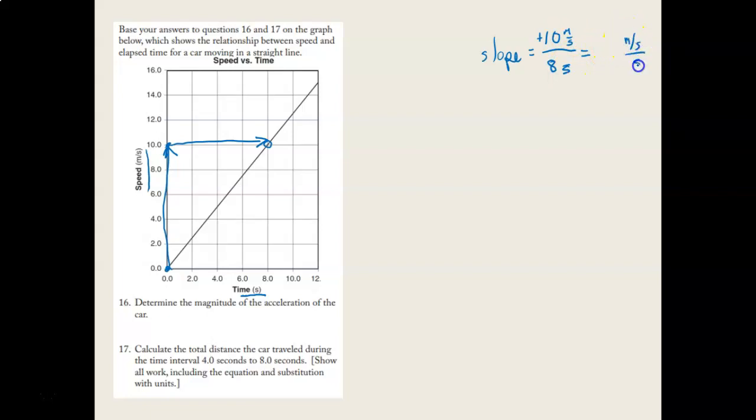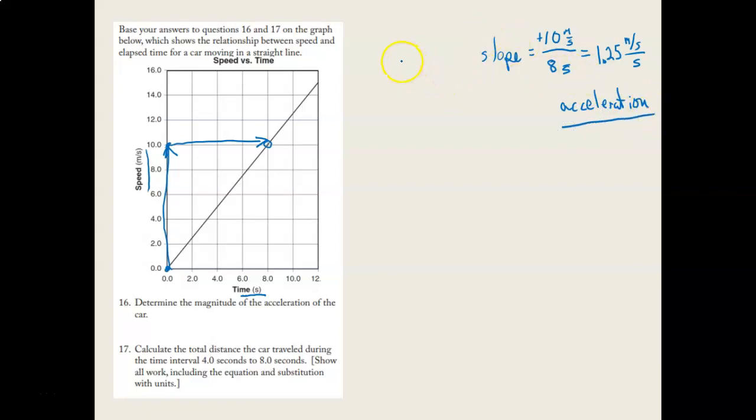Meters per second of speed change each second. And 10 divided by 8, that's 5 divided by 4. That's 1.25. And that is our acceleration, our rate of change of speed.